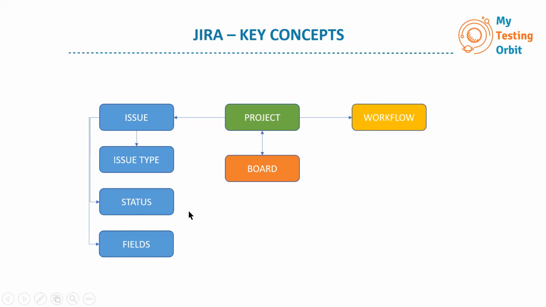Let's say we have an issue type which is a bug, then we can define the statuses: maybe we want open as one of the statuses, close as another, and maybe duplicate, where two people have reported the same bug, so we can keep one open and mark the other one as duplicate, so we know that this was the duplicate.